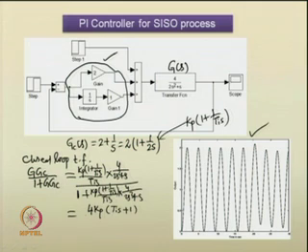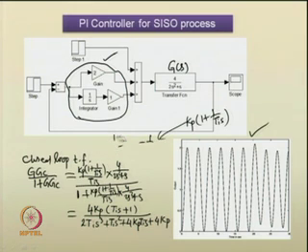This can ultimately be written in the form of 4 Kp (TI s plus 1) in the numerator and 2 TI s cubed plus TI s square plus 4 Kp TI s plus 4 Kp in the denominator. The stability of the closed loop system can be ascertained from the denominator polynomial of the closed loop transfer function.